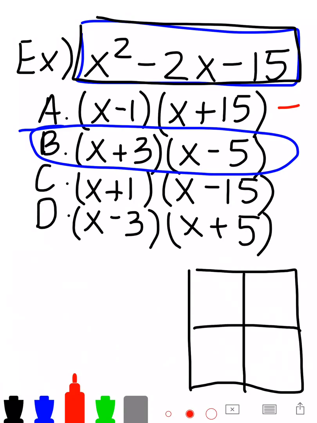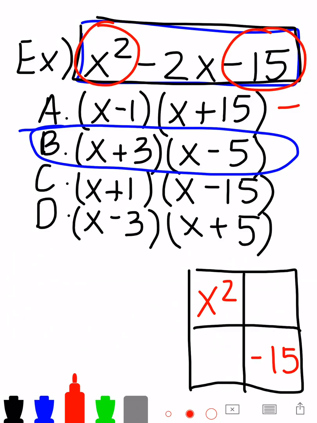The first thing you see is x squared. So let's put that in the first box. And the last thing you see is a negative 15. So let's put negative 15 in the box here. Now, you want to make a t-chart for 15 so you can find the factors. Start with number 1. Well, what times 1 will give you 15? Well, 15 will. Remember, I say let's check it as you go.